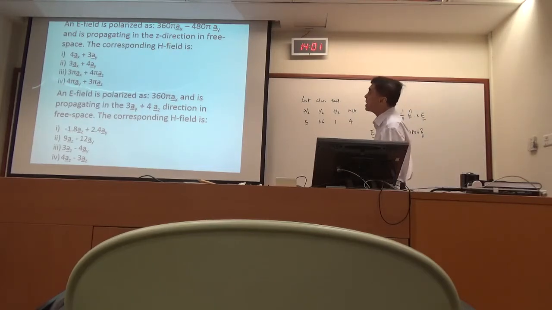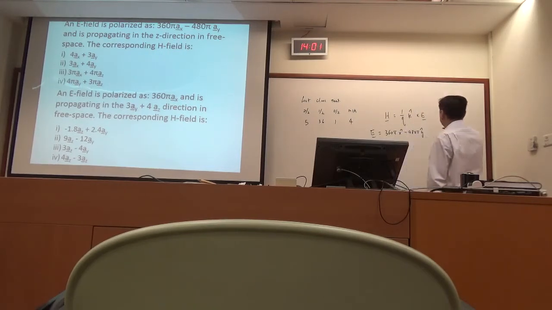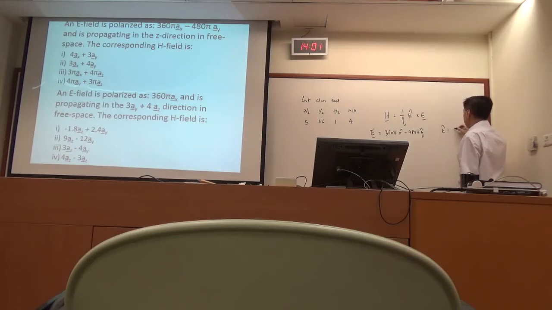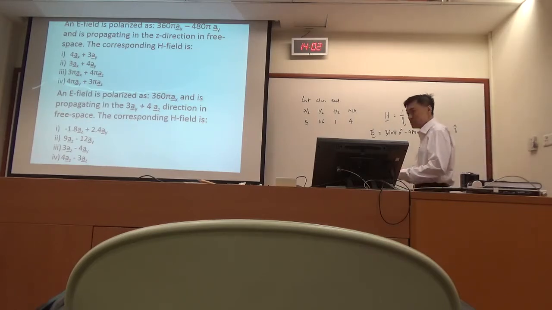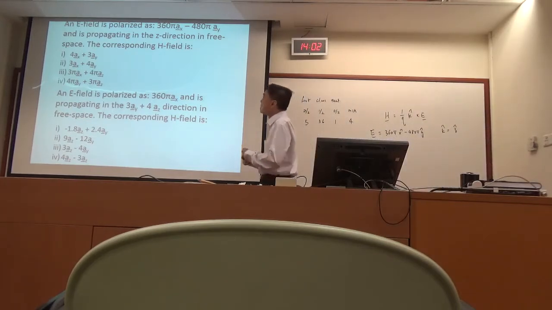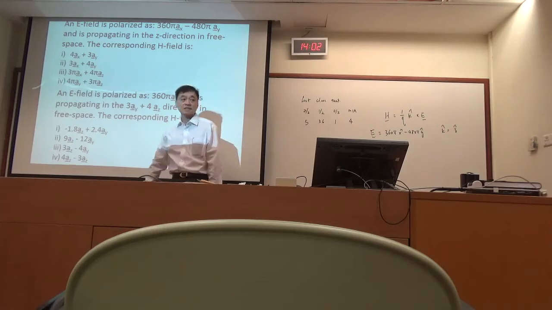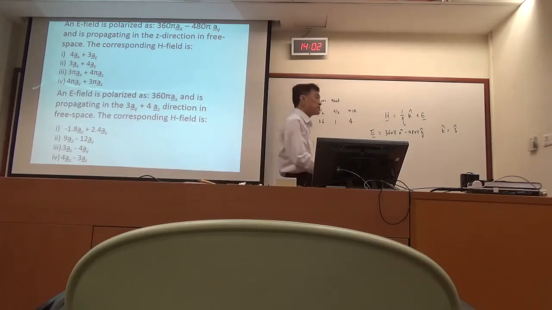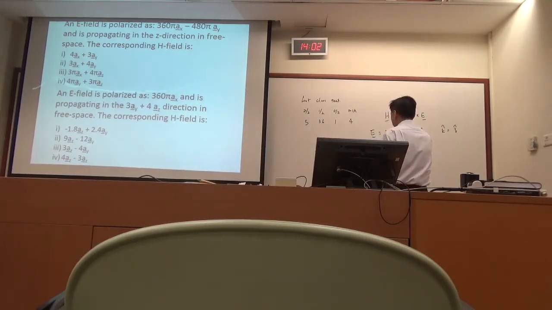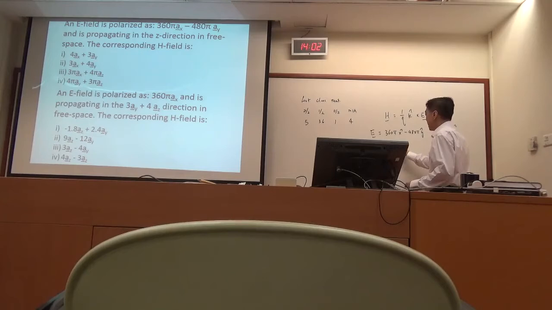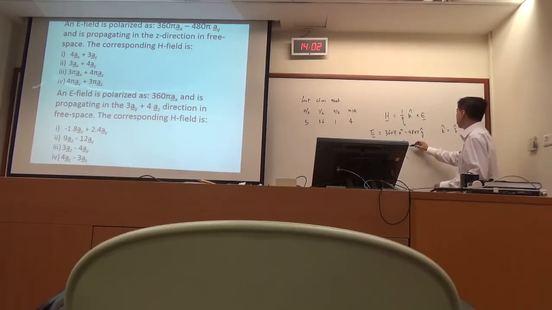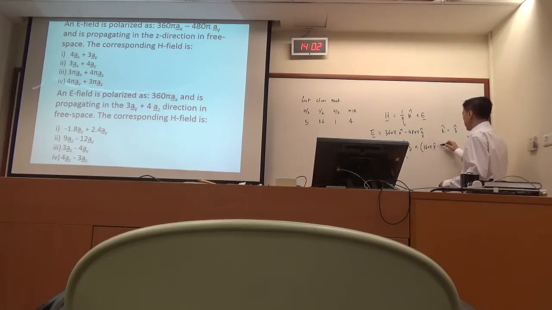And K is equal to z, because it has only one component, so K is propagating in the z direction. So H is equal to 1 over 120 pi, z cross 360 pi x minus 480 pi y.